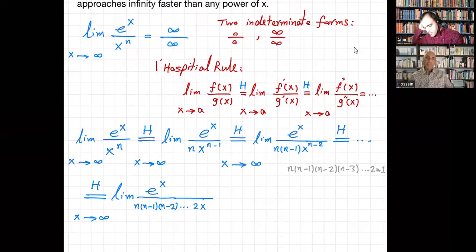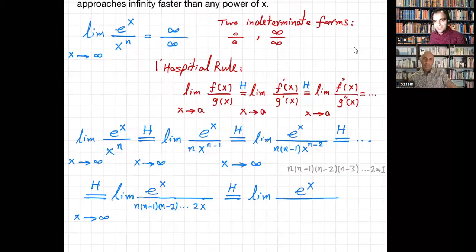Up to this point, you use L'Hopital's rule n minus 1 times. It doesn't matter how many times, it's better not to get confused with that. As long as we get rid of x in the denominator, we are good to go. So for the last time, I use L'Hopital rule.